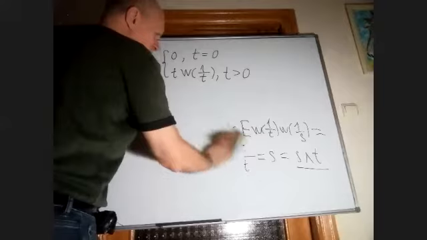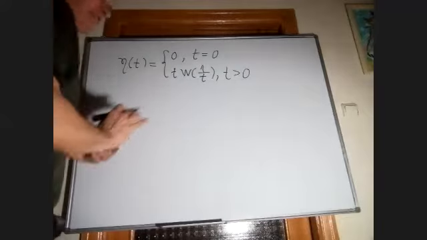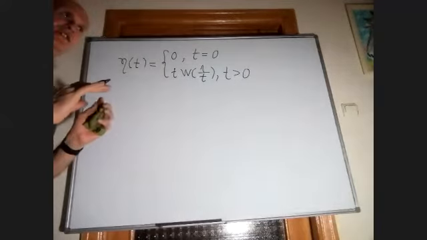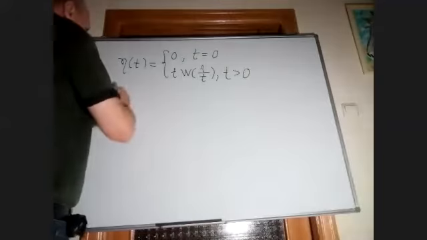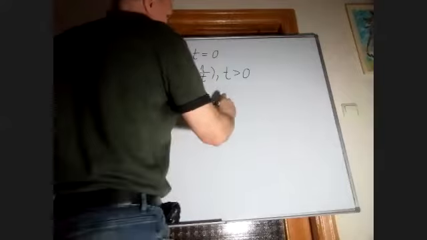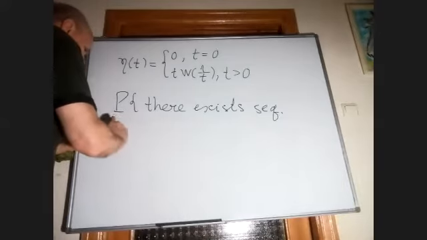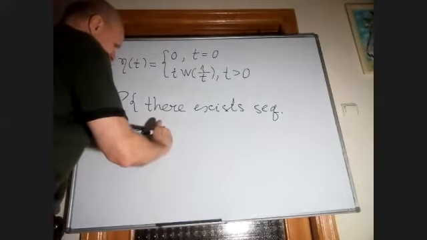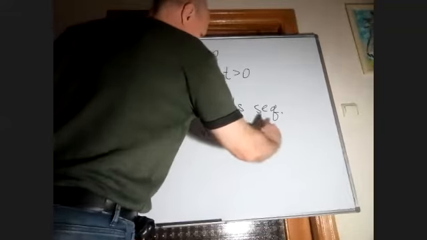We just proved the following: with probability 1, there exists a sequence, not a set of orders, but a sequence Tn tending to plus infinity, such that W(Tn) is equal to 0.